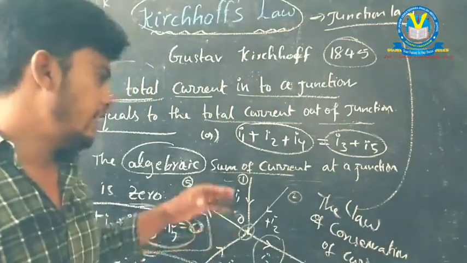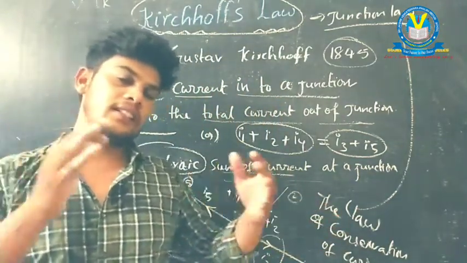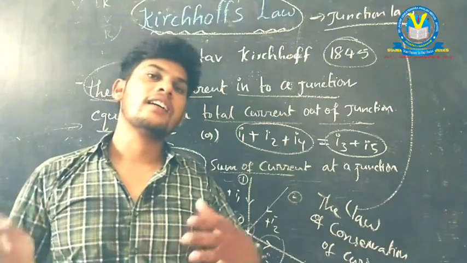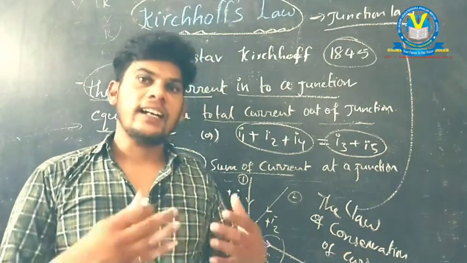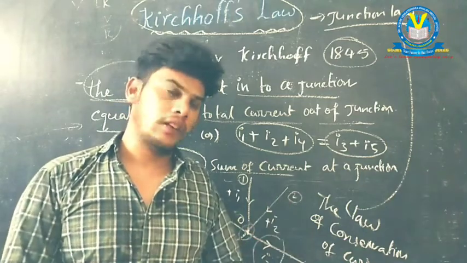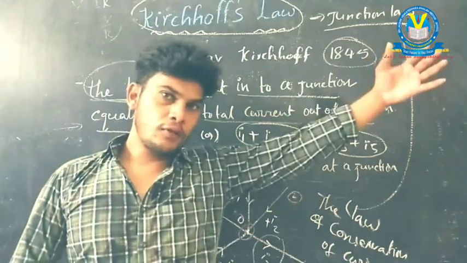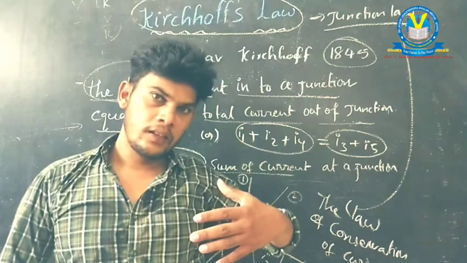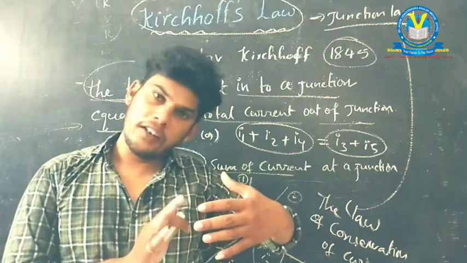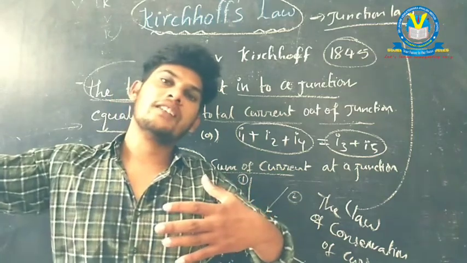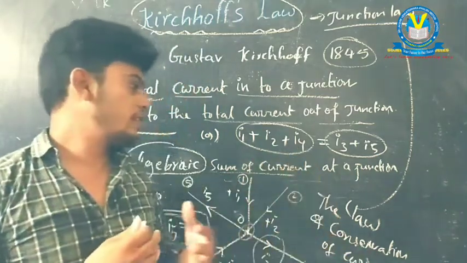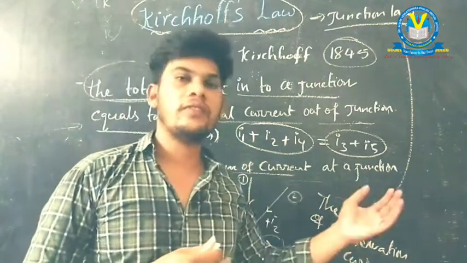Because, as we discussed before, energy cannot be created and cannot be destroyed. Like that, current cannot be created and cannot be destroyed. Here the current going into the junction is not destroyed, that is equal to the current leaving the junction. So that's why it is called the law of conservation of current.